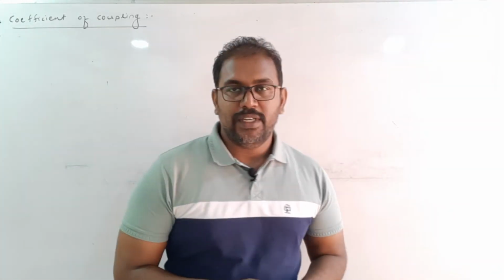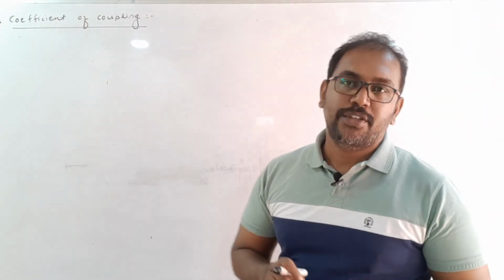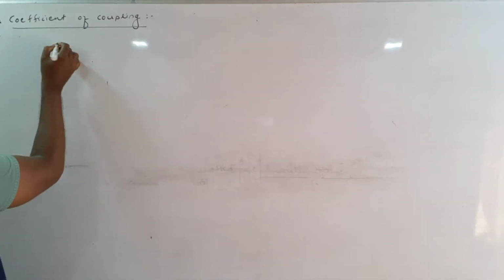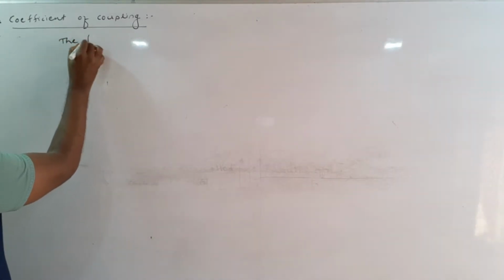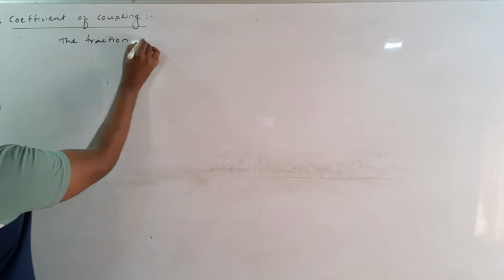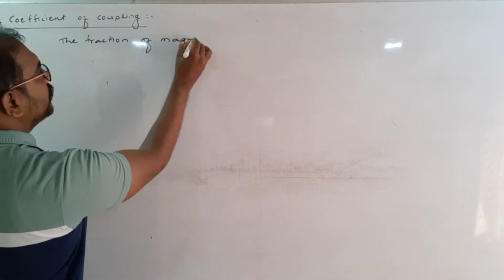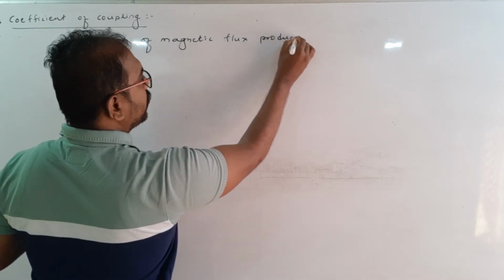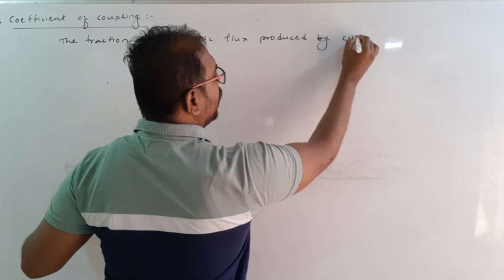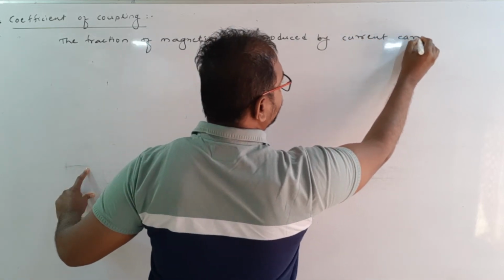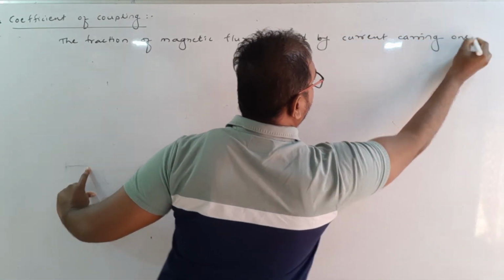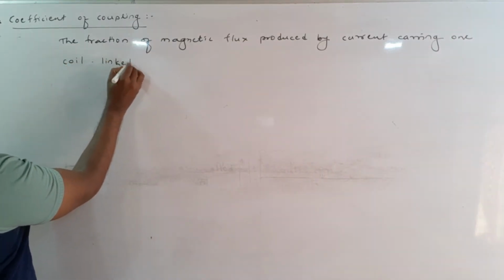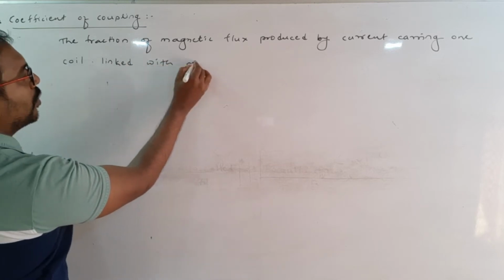Now we start a new article, and it is coefficient of coupling. Now what is the coefficient of coupling? Basically, it is the fraction of magnetic flux produced by a current carrying coil, one coil, linked with the other coil.